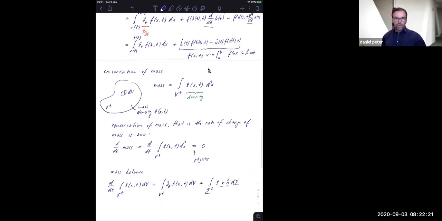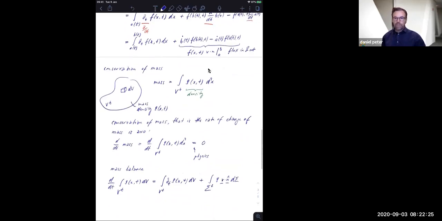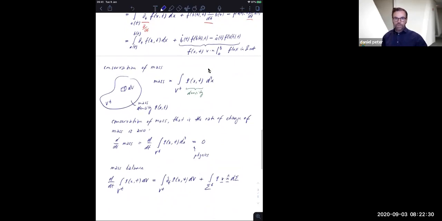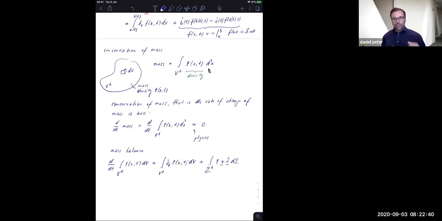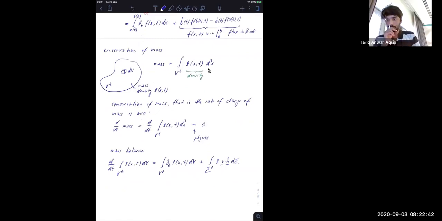So compare with the terms for area. The first term is exactly the same, the partial derivative with time, now instead of F, it's density rho. And the second, this flux term, is the flux that goes out of the surface of our volume.